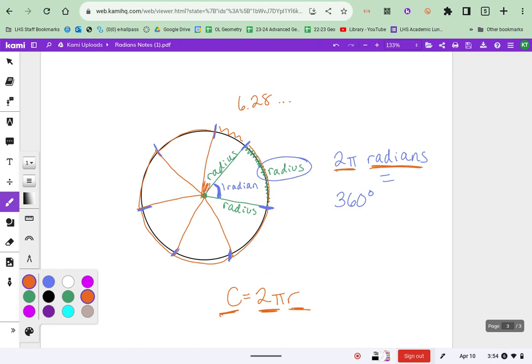And then this would just be part of a radian. So we use that in order to convert from radians to degrees, because we can simplify this a little bit and say that pi radians equals 180 degrees.